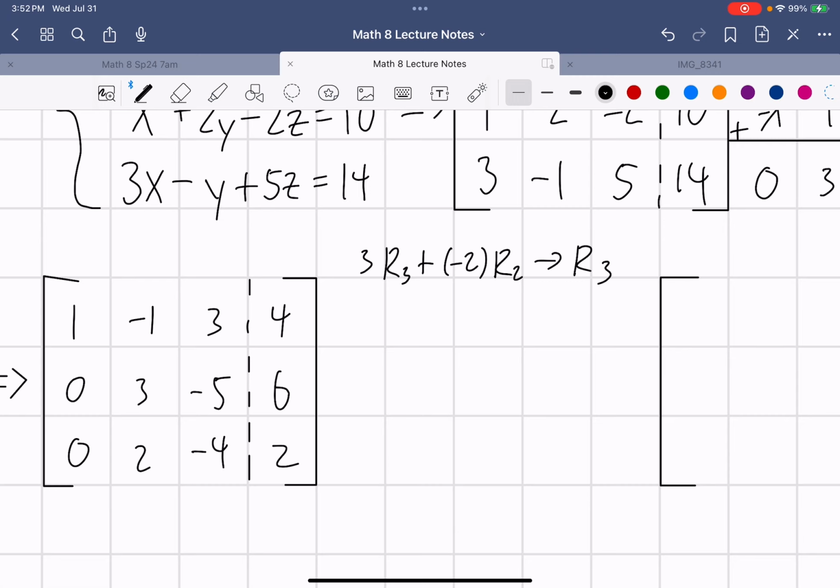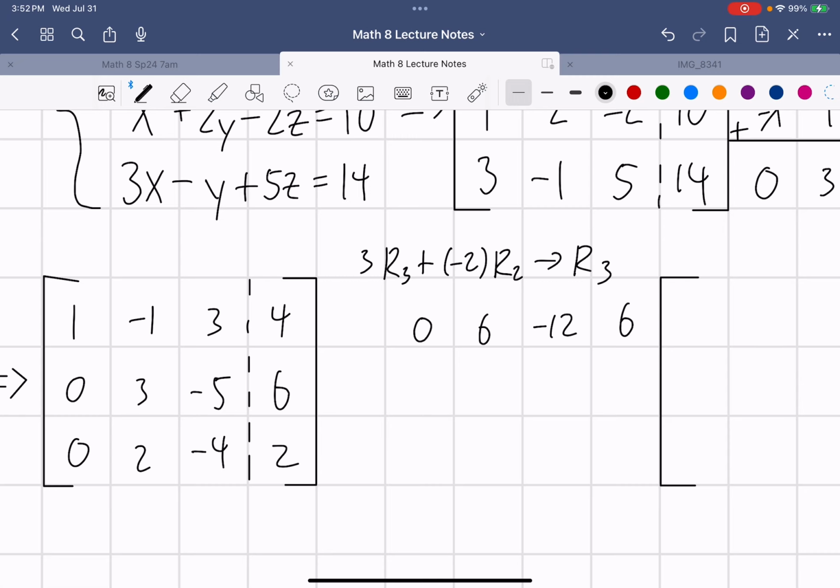So that's going to be row 3 times 3 is going to be 0, 6, -12, and 6. Write that here. Write that again. 0, 6, -12, and 6.